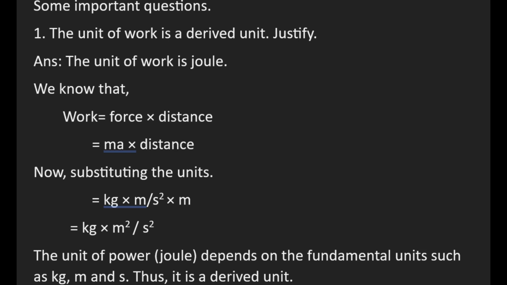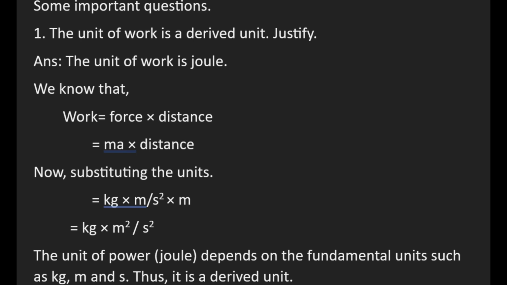Now let's substitute the units. Unit of mass is kilogram. Unit of acceleration is meter per second square. And unit of distance is meter. So, after substituting the units, we get kilogram multiplied by meter per second square multiplied by meter.